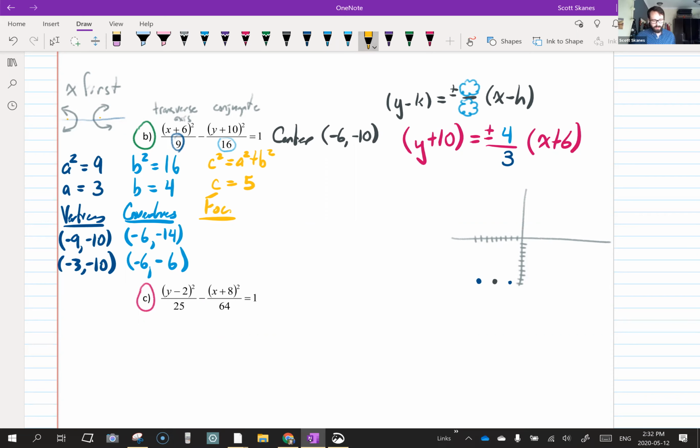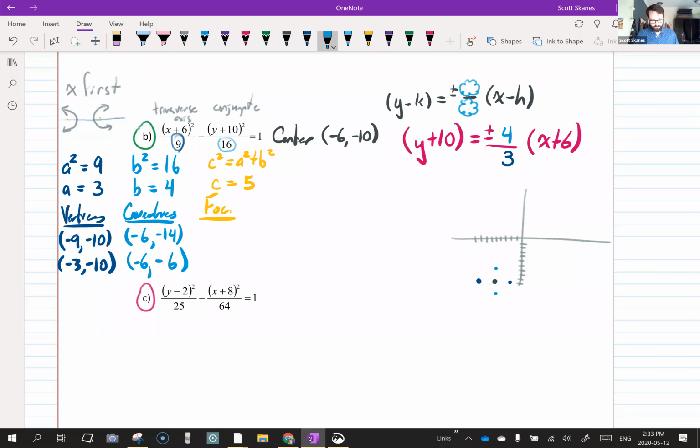And then the foci is again from the center, add c, and go in the direction of the transverse axis, which is the same as the vertices were. So I need to go, let's see, I'll add these. 1, 2, 3.